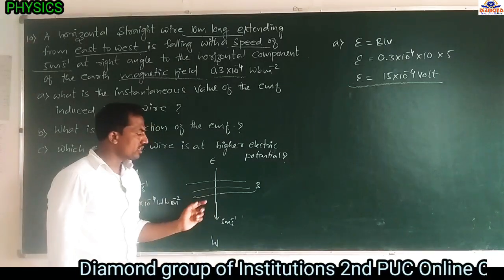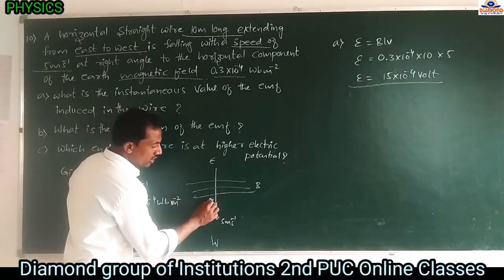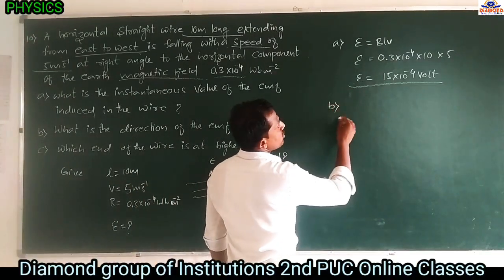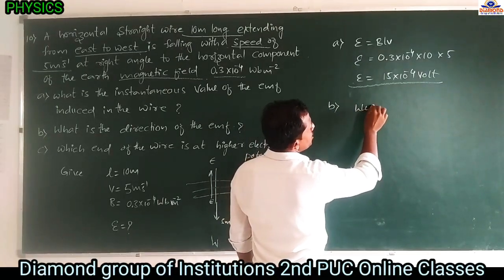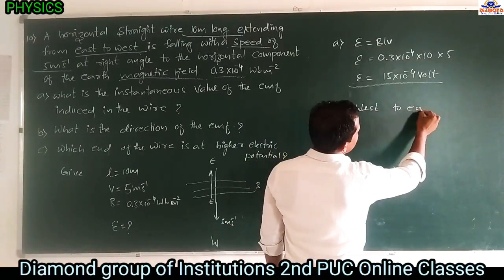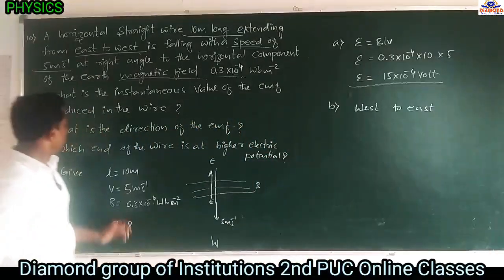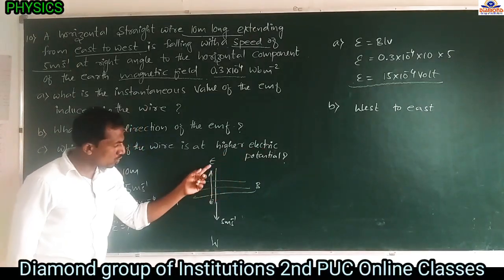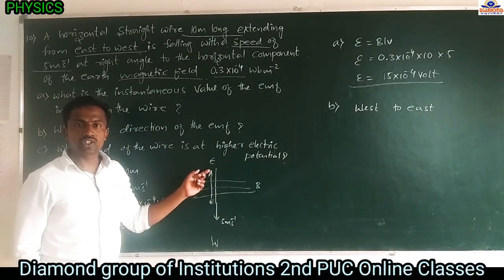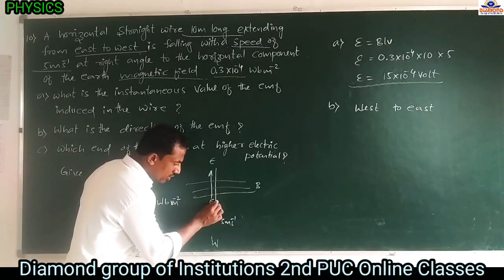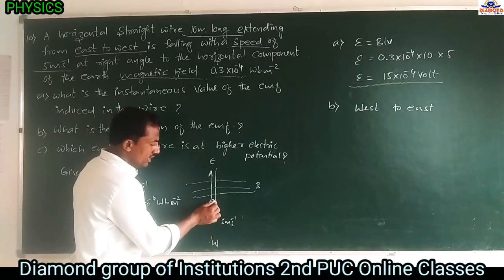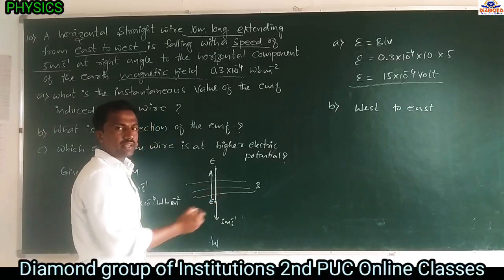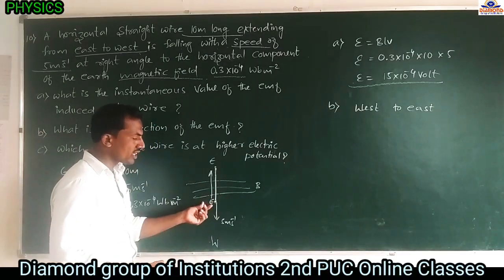According to Fleming's left hand rule, its direction is west to east. Next, which end of the wire is at higher potential? Now the EMF comes toward the west end and flows from west to east. This means the west end is at higher potential, because the flow is from where the potential is higher.